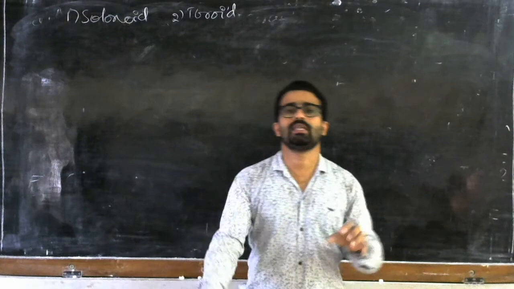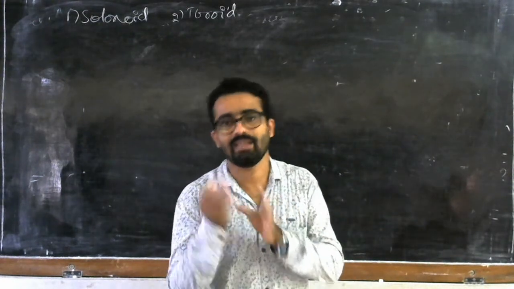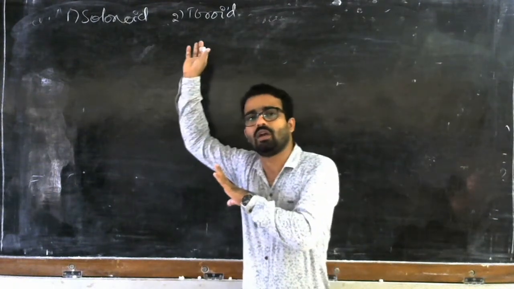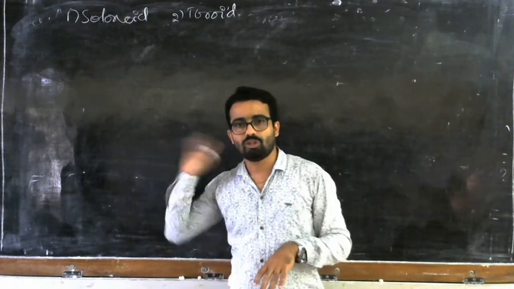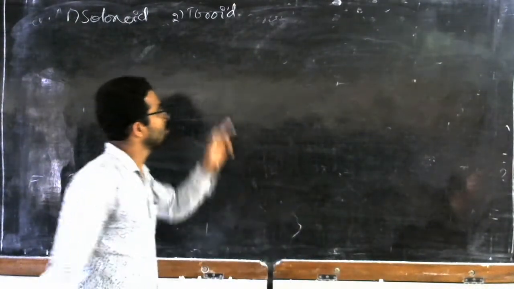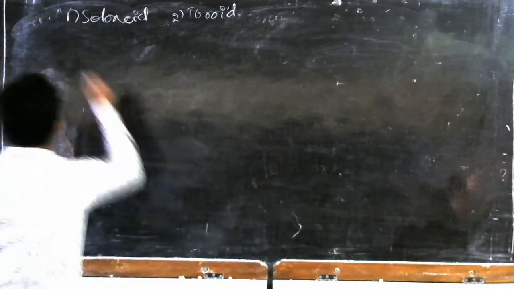There also you can see some wires. That is called a solenoid, or sometimes you can also see a toroid. Both of these work on the principle of Ampere's law. So let's study one by one. First is the solenoid.